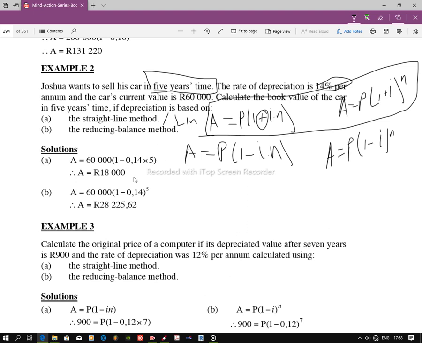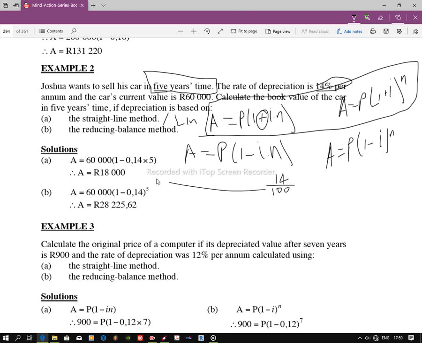We have the solutions here. For the linear straight line method, they substituted our P, the present value, which was 60,000. Then they substituted the interest, converted into a decimal: 14 divided by 100.